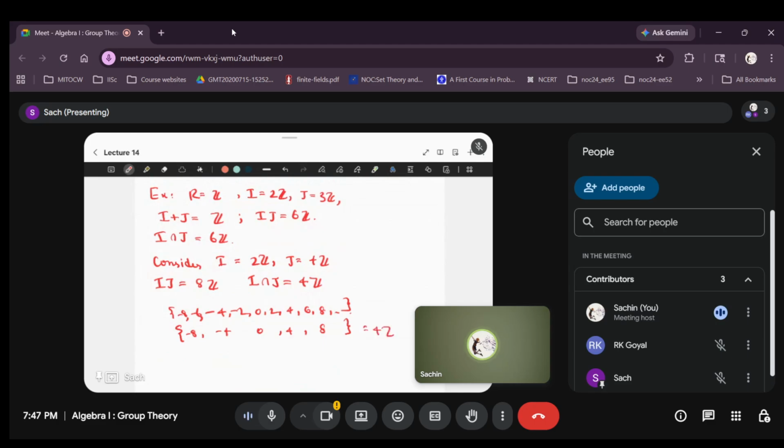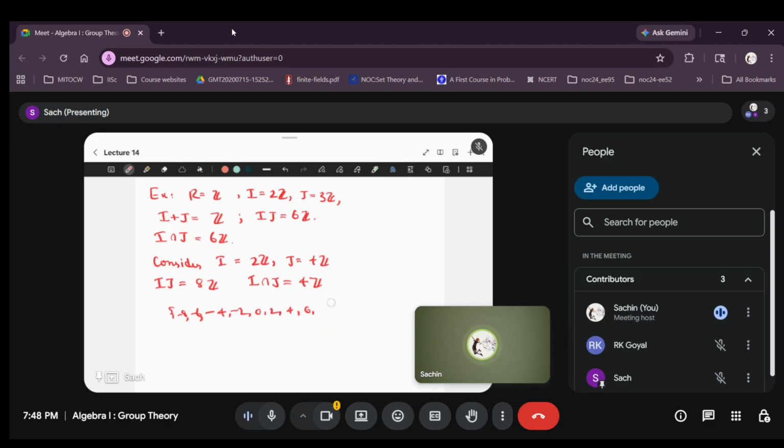But if you take all products or sums of products from both the sets, then you have 0 times 0, then 2 times 4 is 8, 2 times 8 is 16, then 4 times 4 is 16, 4 times 8 is 32, 6 times 4 is 24, etc. These are all multiples of 8.